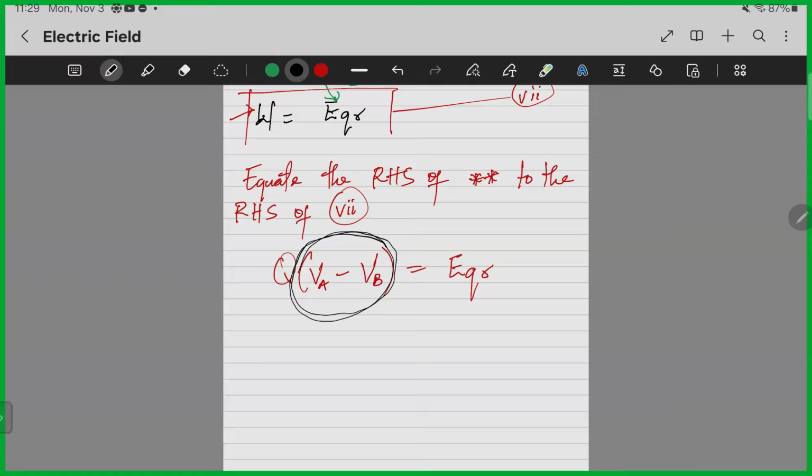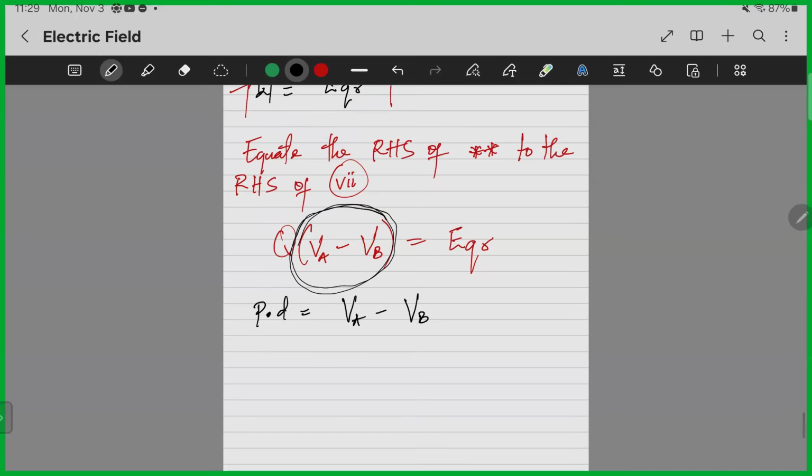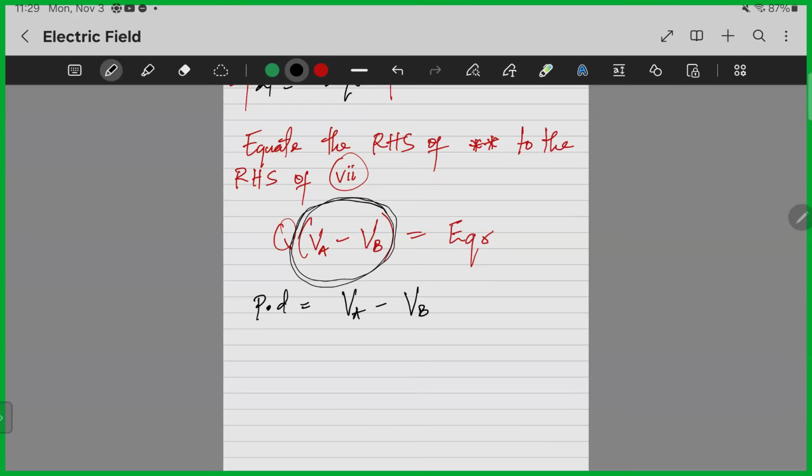So I'm going to say potential difference PD is equal to VA minus VB. Now I can easily say Q into PD equal to EQR.